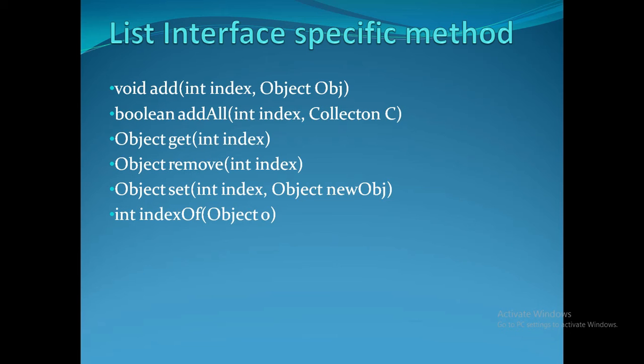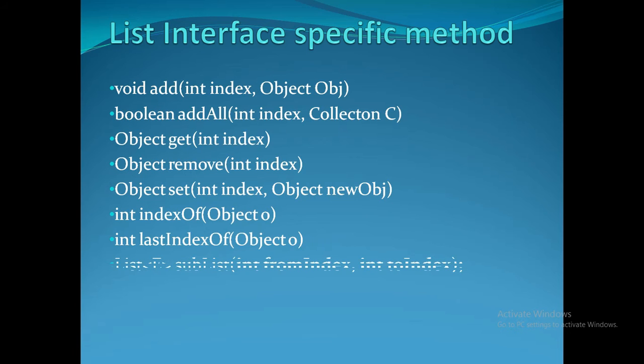It will return the first occurrence of the element. Whatever is the first occurrence of the element, it will be returned by indexOf. Now if you want the index of the last occurrence of an element, then we have another method, that is lastIndexOf(Object). It will return the index of the last occurrence of the particular element.